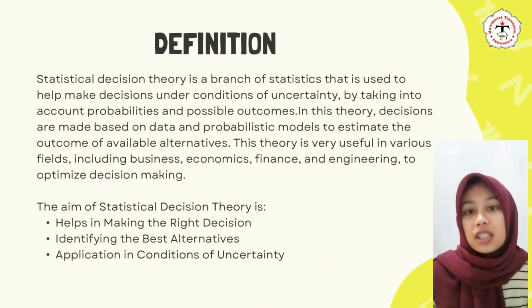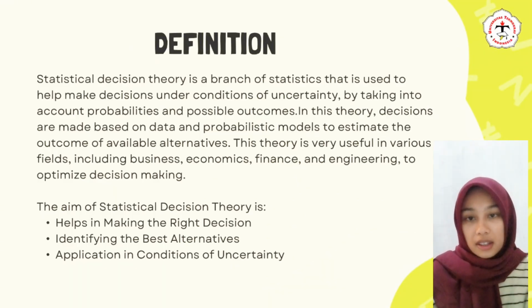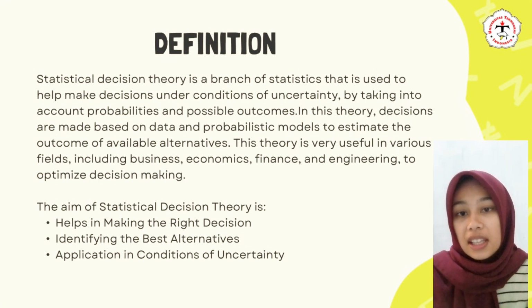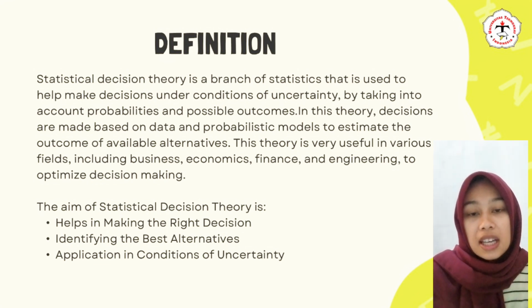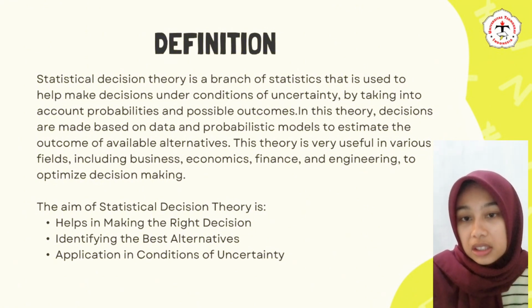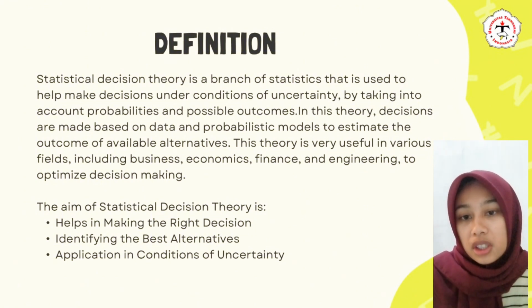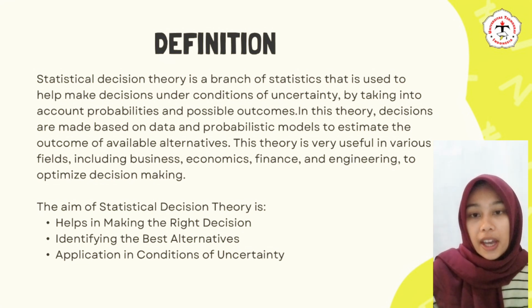The first is the definition. Statistical decision theory is a branch of statistics that is used to help make decisions under conditions of uncertainty by taking into account the probability and possible outcomes.